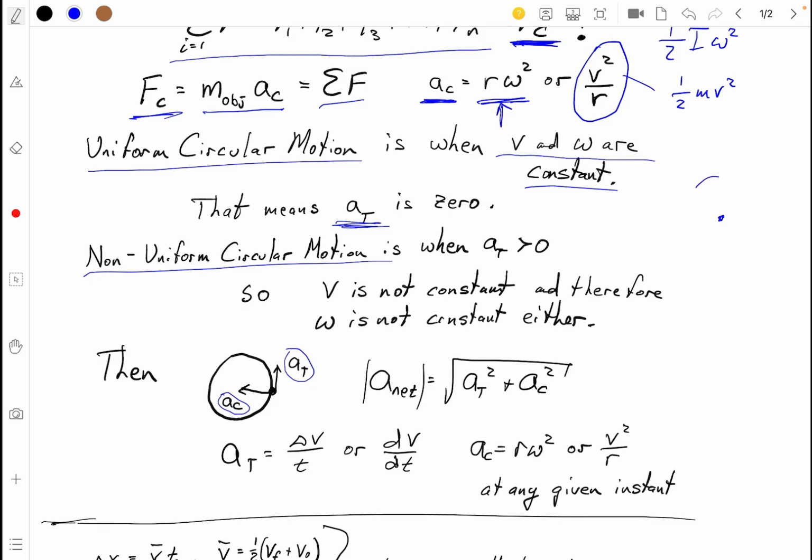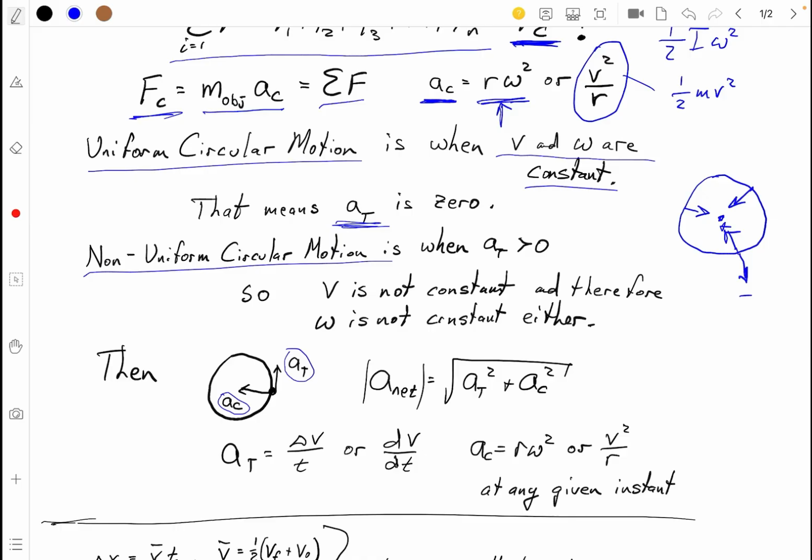Centripetal acceleration always points towards the center. Always. Doesn't matter where it is, it's going to point towards the center. That's why sometimes we make that the positive and out as the negative, just so that we know we've got a positive in the end. It doesn't matter if you end up with a negative because you did it the other way. That's fine too. Don't worry about it. Okay, where was I?